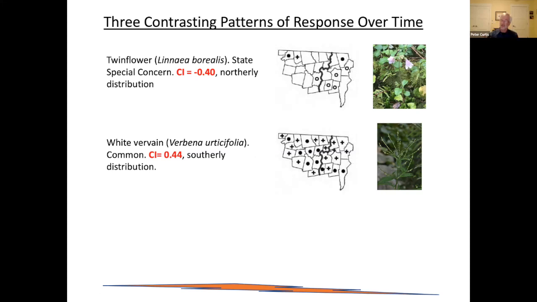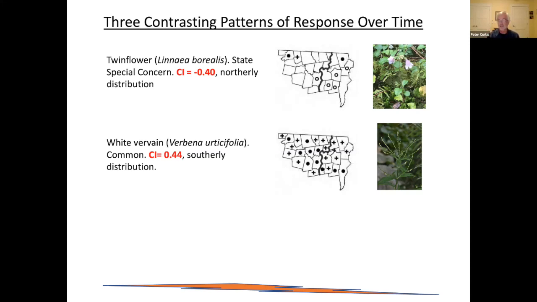So as with twin flower, adhering to what we might think of as a pattern of climate change, where a northern species at the southern part of its range is contracting northwards, a southern species is moving north, actually expanding its range into the north. So both of these examples conform to what we might expect with climate change, with that expansion of the northern range and contraction in the southern range limits of the species.